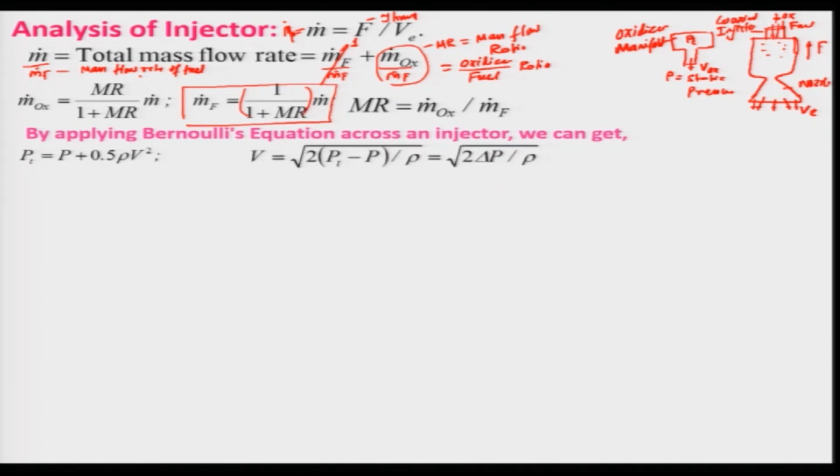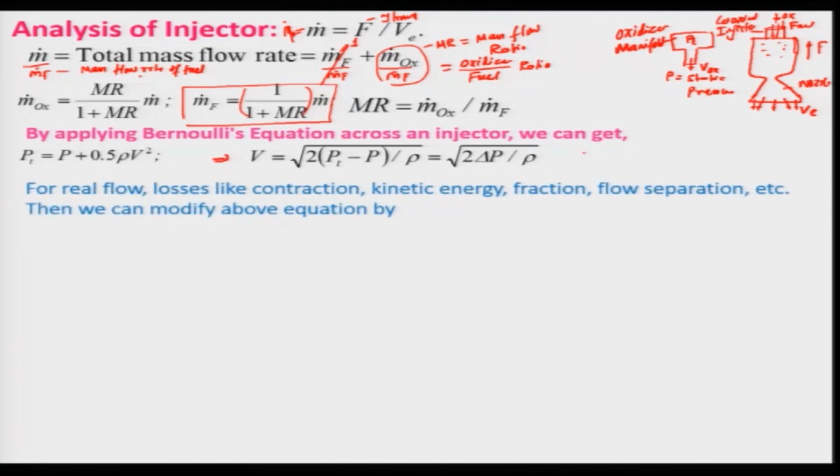Then V is equal to root over 2 (P_t minus P) divided by rho, and this is nothing but your delta P, the pressure drop across the injector orifice.